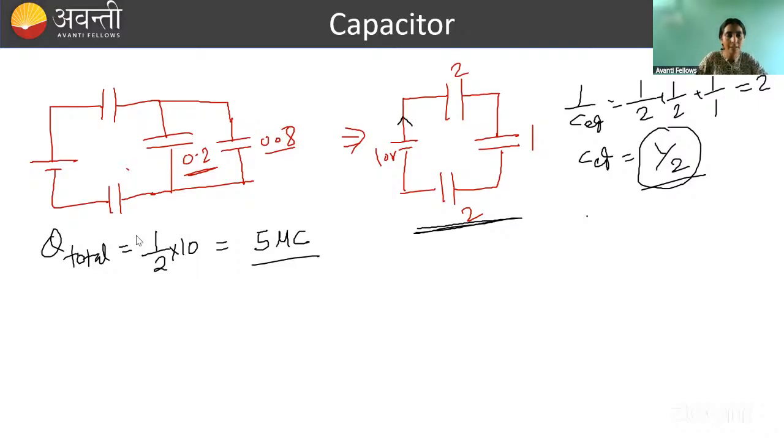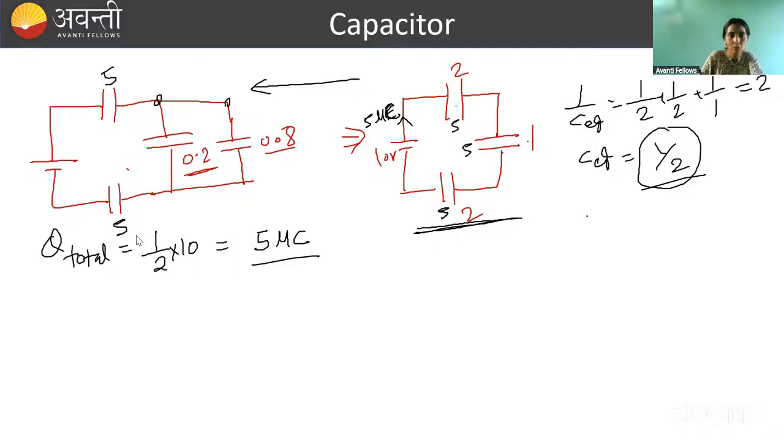So in this circuit, how much charge is coming out? 5 microcoulomb. And since 2, 1, 2 are in series, this will also get 5, this will also get 5, this will also get 5. So 5, 5, 5. Now you remember, now come to this circuit. Okay. Now move from back to front. So if you move here now, to this I gave 5, to this I gave 5.